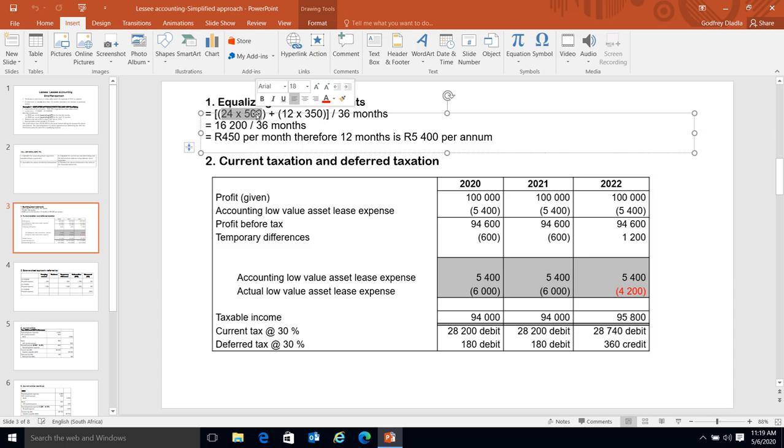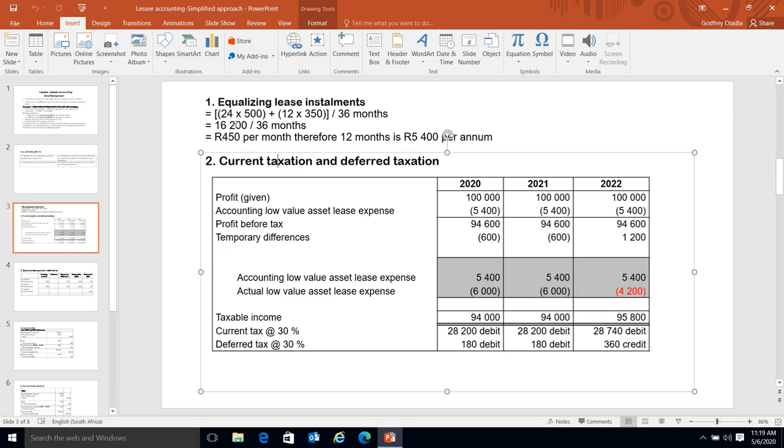You remember? Because if it says including, you must take out the VAT. So the amount must always be used excluding VAT. You get my point. If that side it was saying including, but luckily in this exercise it says excluding, so we use it as it is. Then it tells us that the standard equalization amount is 450, for 12 months is 5,400.